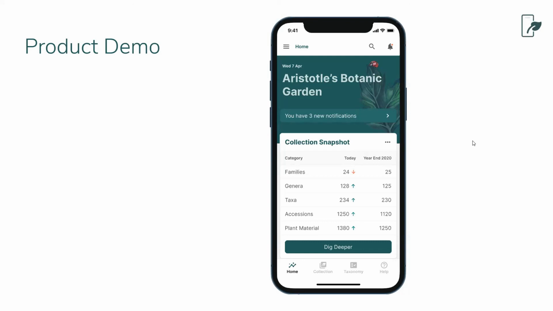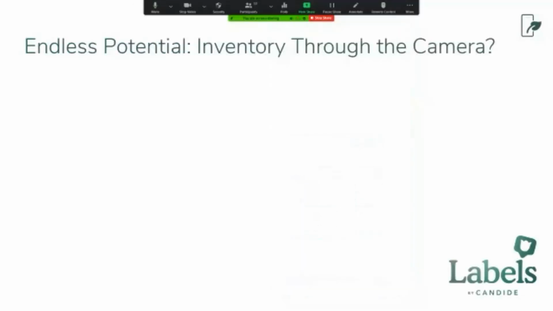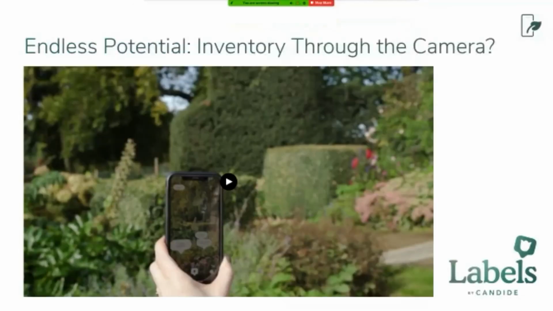a product that Candide has worked on quite a bit, which is Candide Labels. Maybe Wahid, you could say a few words about that, and we'll run the short video. Yeah, so as Havar mentioned, there is quite some endless potential with some of the technologies available to us.